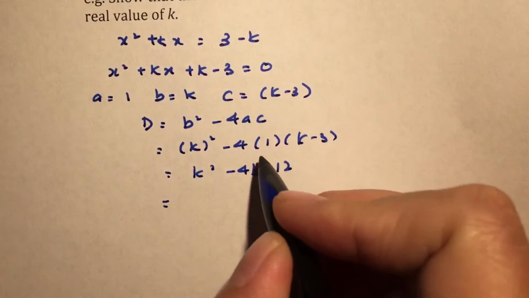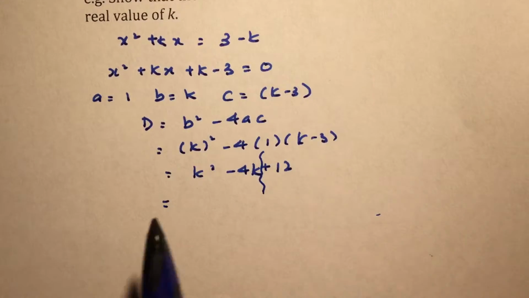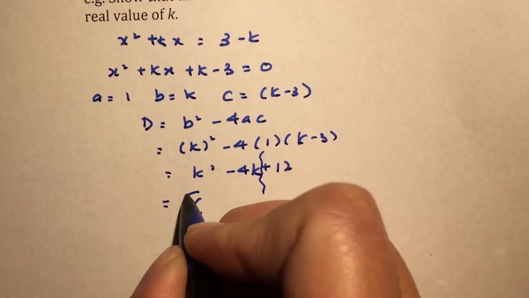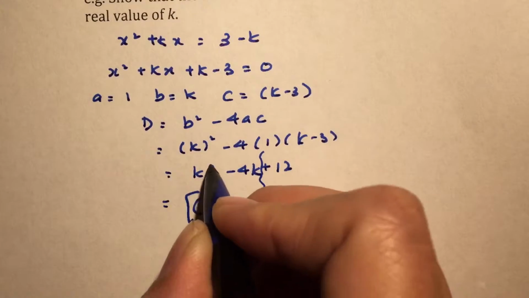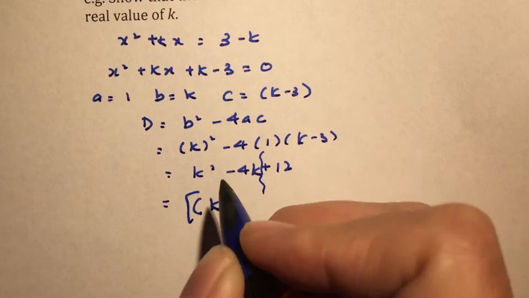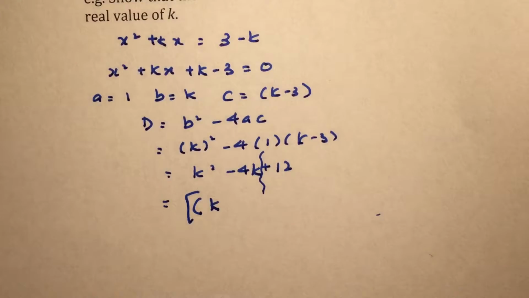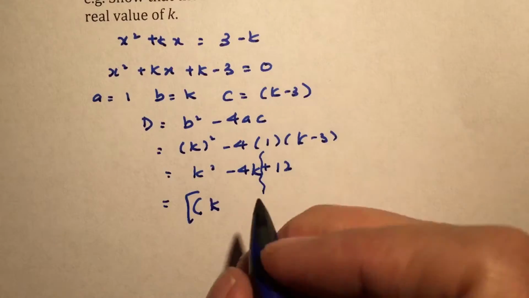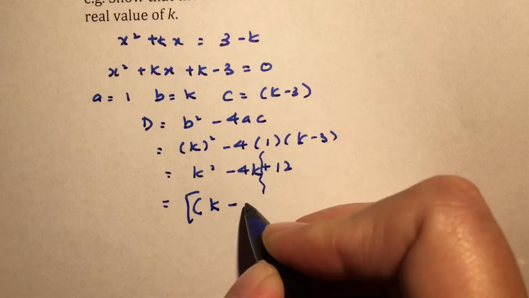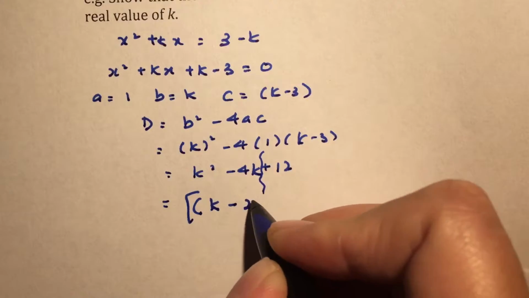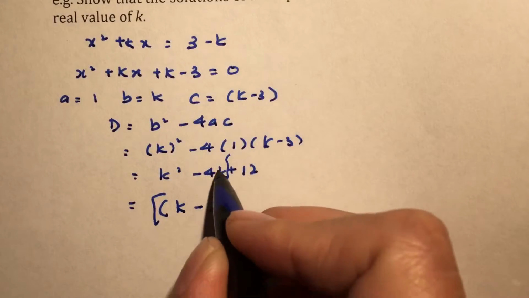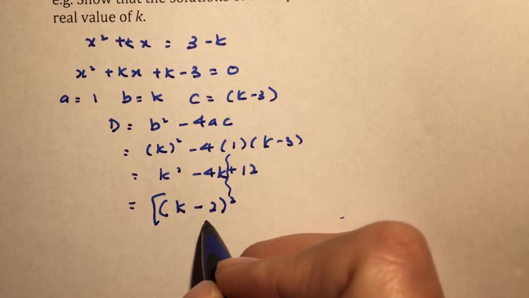So what I'm going to do now is split this into two parts. I'm going to use completing the square on this part here, alright? So when I have k squared minus 4k, I'll have k, and I halve this. Remember, minus 4k means you have minus 2k and minus 2k, alright? If you need a review, please go and look at the previous video. So we have minus 2 here. Basically, minus 4 we split into 2, so we get minus 2.